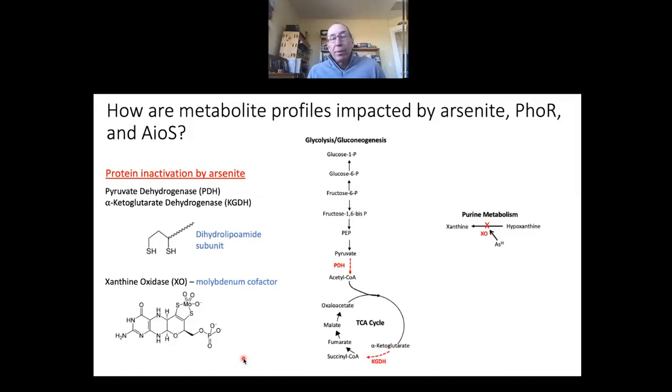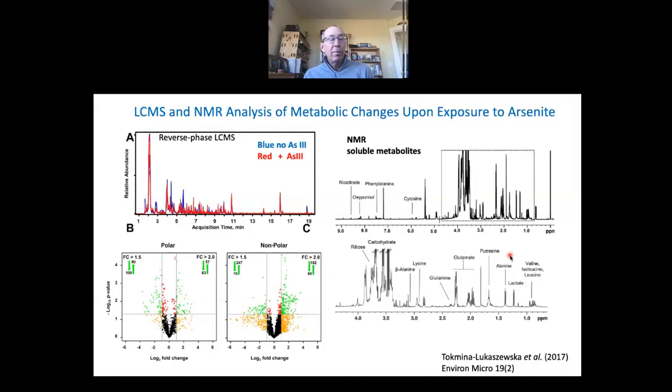If we look at the position of, for example, pyruvate dehydrogenase and alpha-ketoglutarate dehydrogenase, showing them here in central carbon metabolism in glycolysis and the TCA cycle. Xanthine oxidase is involved with converting hypoxanthine to xanthine. And so we went about this study using LCMS, liquid chromatography mass spectrometry, and NMR, nuclear magnetic resonance spectroscopy.